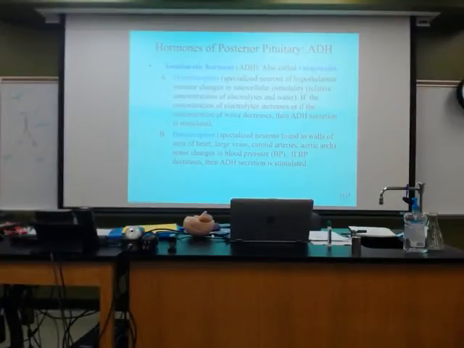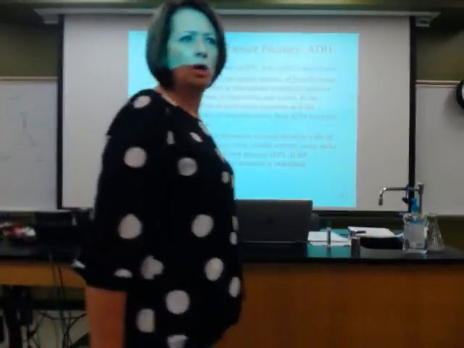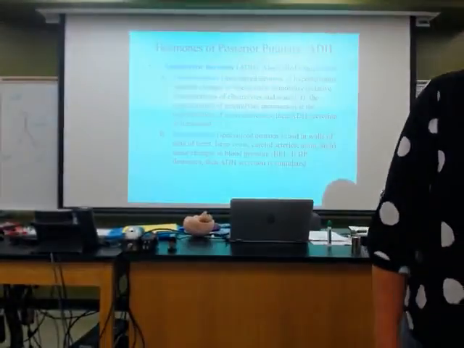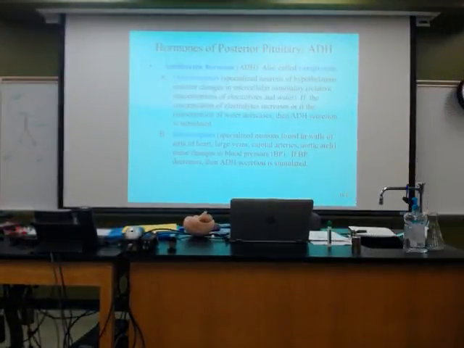Now, look at our terminology. Anti-diuretic hormone, also known as vasopressin. Have you ever heard of that one before? How have you heard of it? Blood pressure medication. There's a medication term called vasopressin, and it's for blood pressure problems.